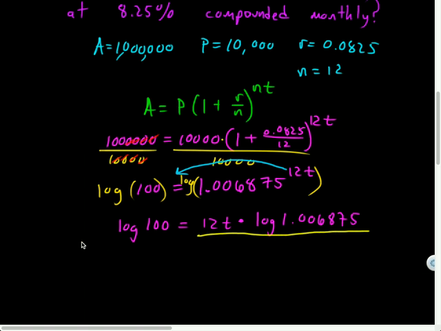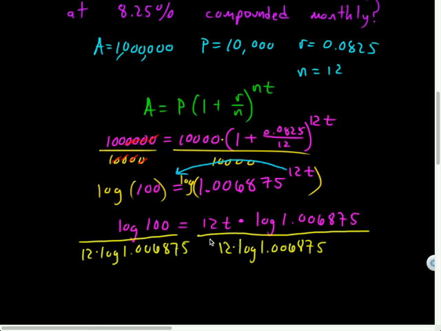And then to get t by itself, what could I do? I'll divide by a couple things at once. I'll divide by 12, and I'll divide by log of 1.006875. So 12 times log of 1.006875. And that will leave t by itself, which is what I wanted. How much time until I have my money?